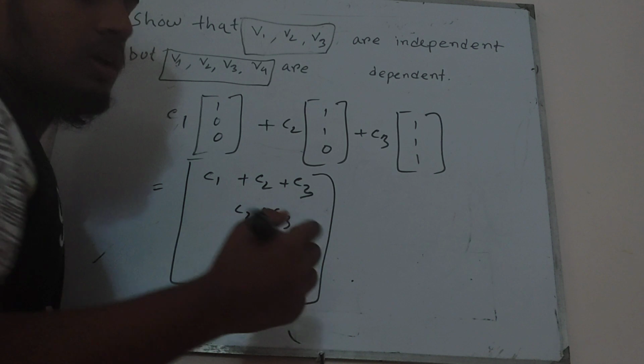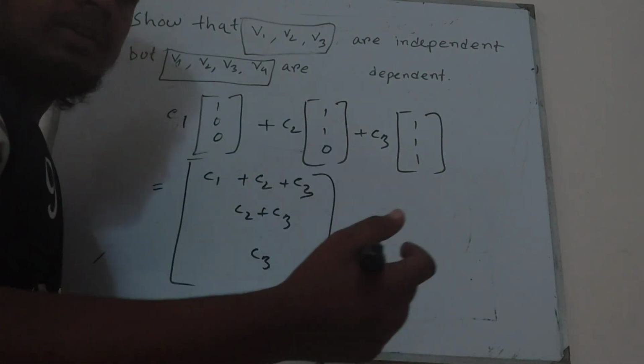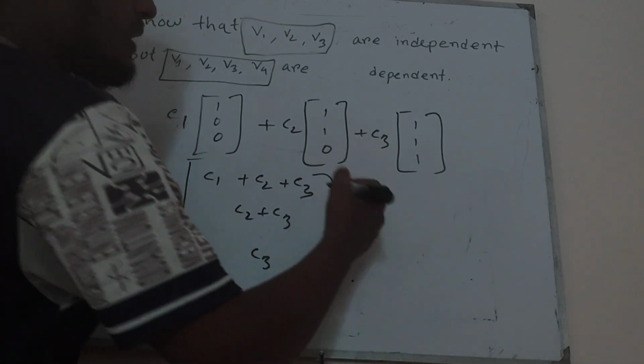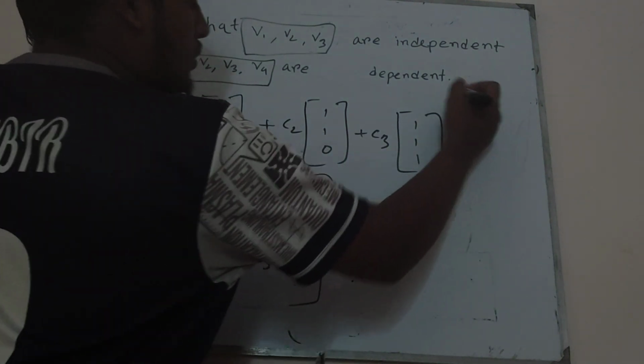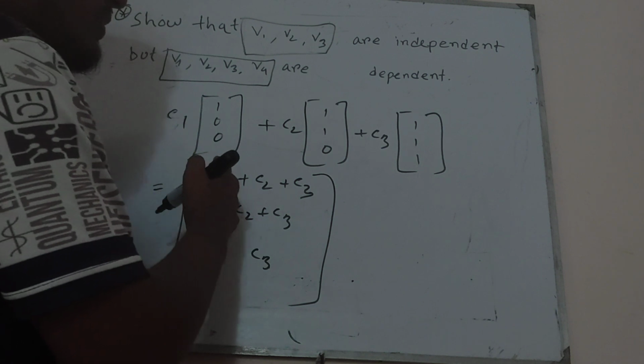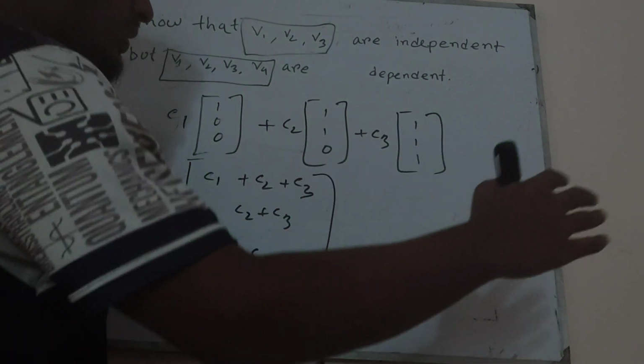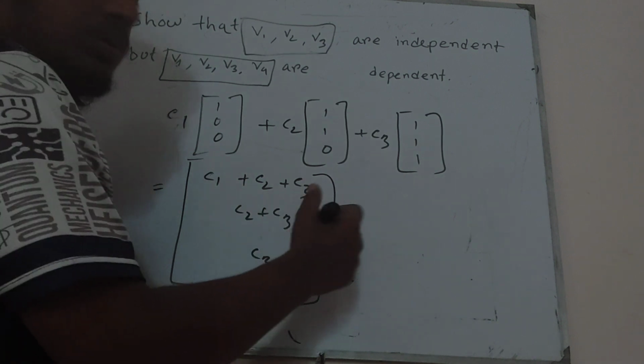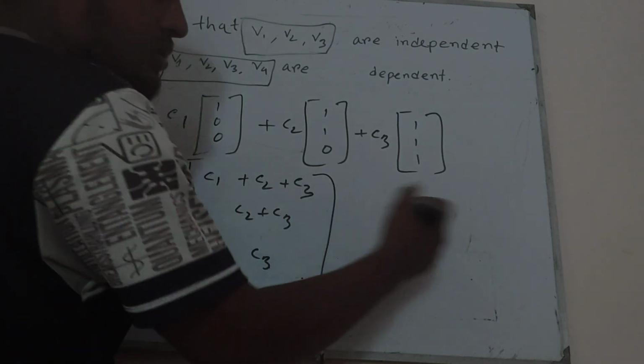To prove linear independence or dependence, what do we have to do? We generally set the left side equal to 0. This is our left side and we want to make this equal to 0.